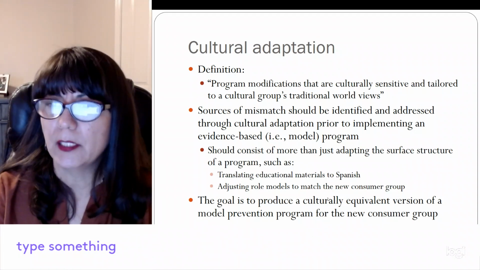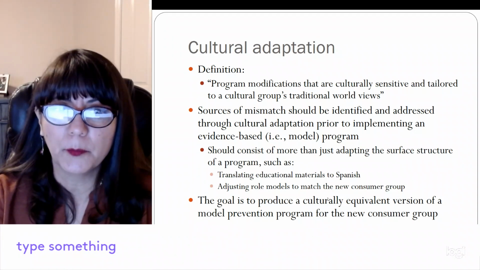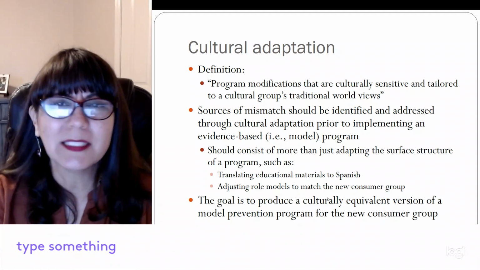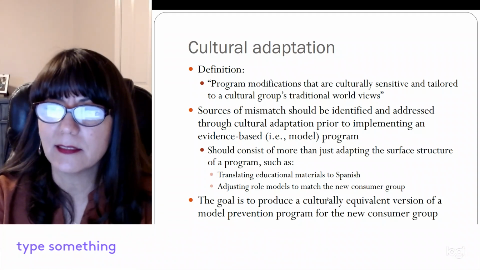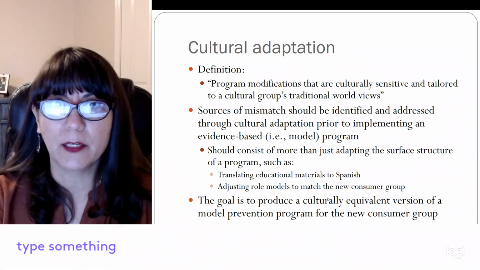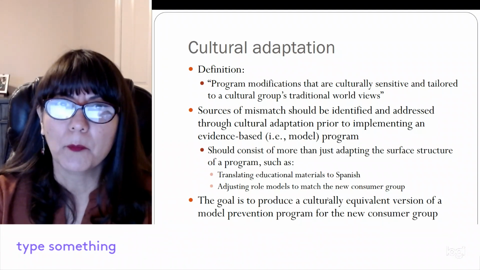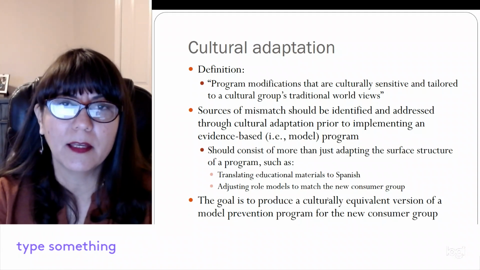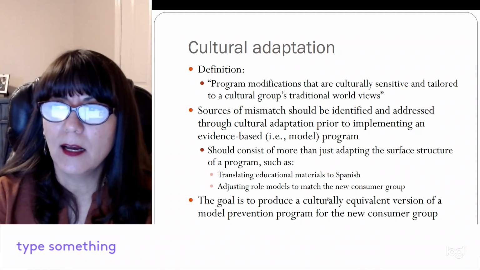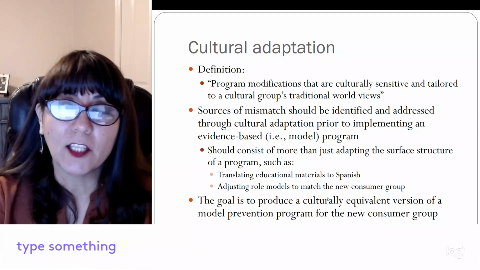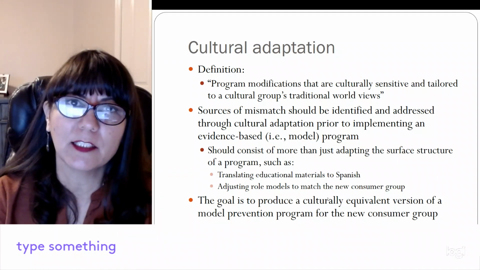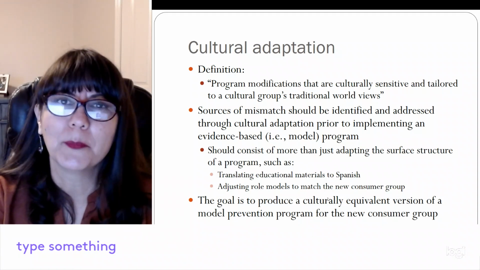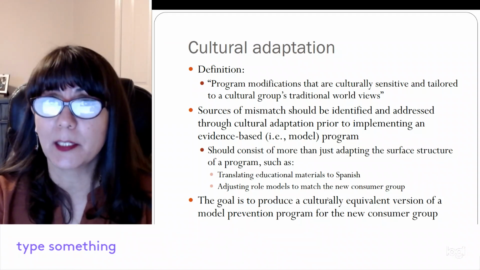So we know that there might be mismatches between the original group, which is typically and in many instances non-Hispanic white. Most interventions that have demonstrated some kind of efficacy are validated with groups that are largely non-Hispanic white, with maybe a small representation of other racial ethnic minorities.